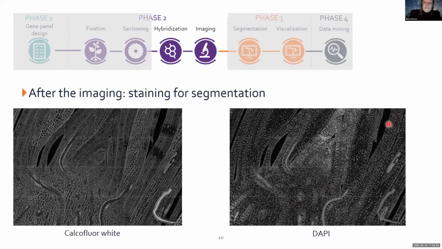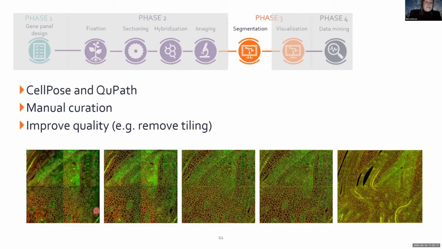So to visualize also the cell wall, we included the calcofluor white staining. And so now typically both stainings are done at Resolve Biosciences for plant tissue. And so once we have those two, we can start to segment the individual cells.